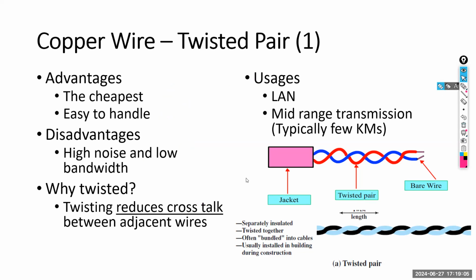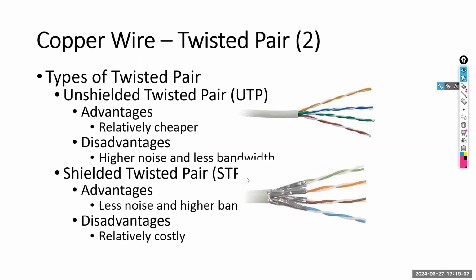When it comes to twisted pair, you need to understand two more things. There are two variations of twisted pair: UTP, the unshielded twisted pair, and STP, the shielded twisted pair.